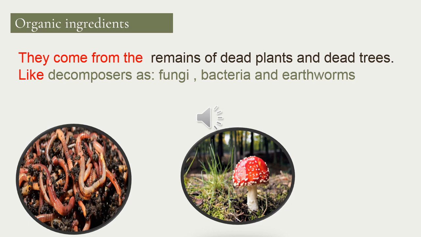The organic ingredients come from the remains of dead plants and dead trees, as the decomposers like fungi, bacteria, and earthworms start to decompose the dead plants and dead animals and change them into nutrients, which come back again to the soil and make the soil fertile.